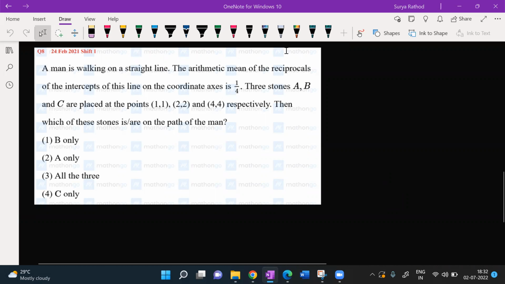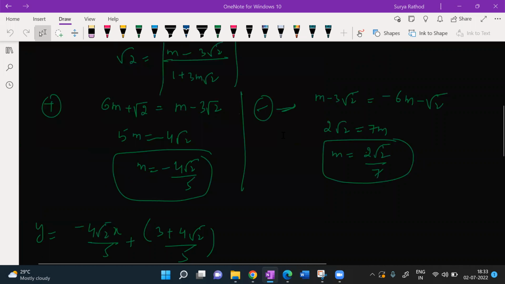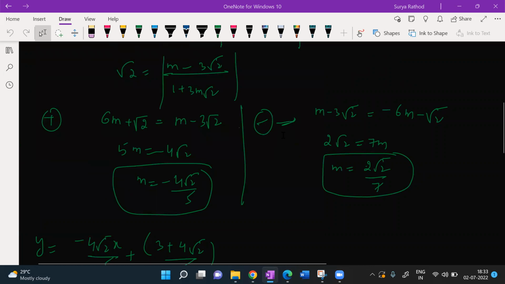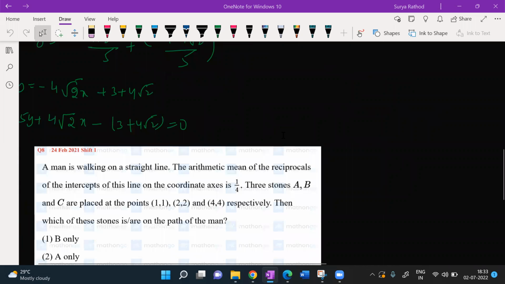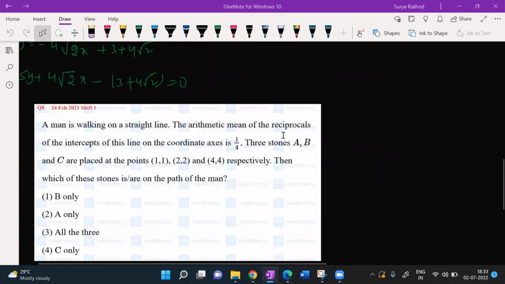Option, fourth option. Very good. Guys, very simple question. You will be getting two m values over here, and just solve this. The calculation of the previous question I just left for you. Solve it. Next question.